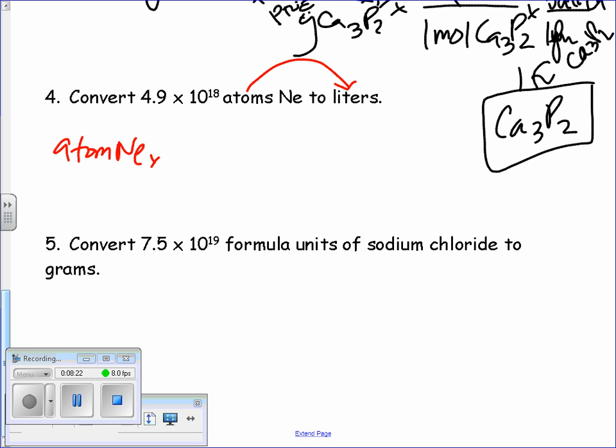There is no conversion whatsoever there. What's our stepping stone? Moles. How do I get to moles from atoms? Atoms on bottom and mole on top. So 1 mole of neon has how many atoms in it? Avogadro's number again. So you'll realize that anytime you see atoms, molecules, or formula units, you need to be using the particle number, the Avogadro number.